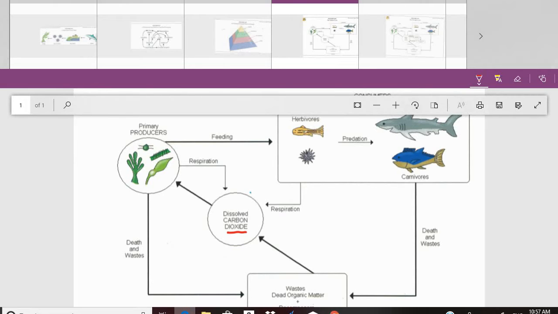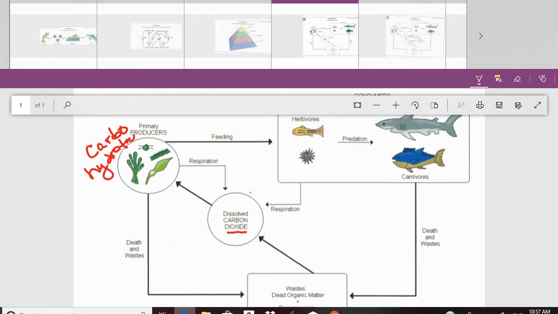Then through photosynthesis, these plants take the CO2 and they convert it into carbohydrates. So that's what's happening here. So here we have our carbohydrates or sugars.